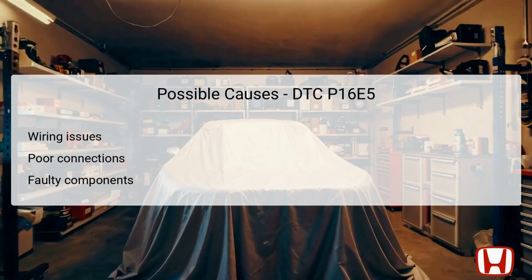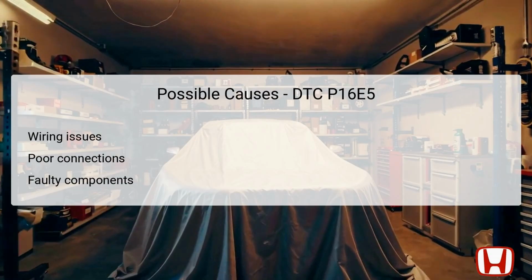There are several potential causes for the DTC P16E5. Firstly, wiring issues are common culprits. These can include damaged or frayed wires that interrupt communication between the PCM and DC-DC converter. Secondly, poor connections, particularly at the DC-DC converter or PCM terminals, may hinder proper communication due to resistance or incomplete contact.